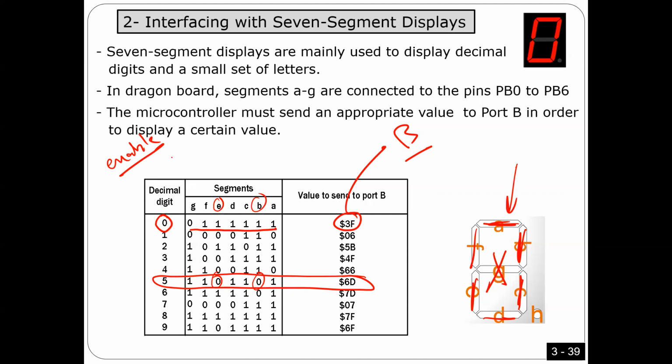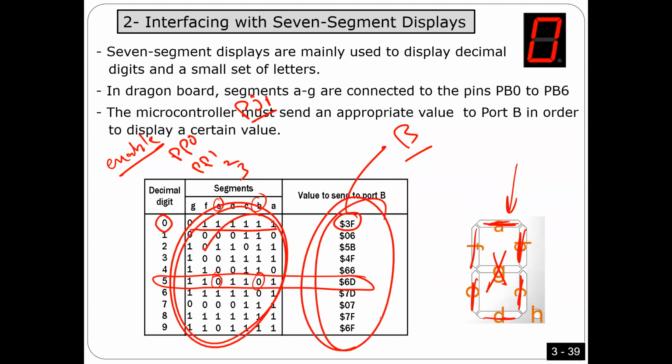The only difference is here we are going to use PB0, PB1, PB2 or PB3 instead of BG1. Every segment has 1. Number 2, if you want to display any number here, you have to take this code and put it in port B. That's it. You got it? Any question? Very easy, right?